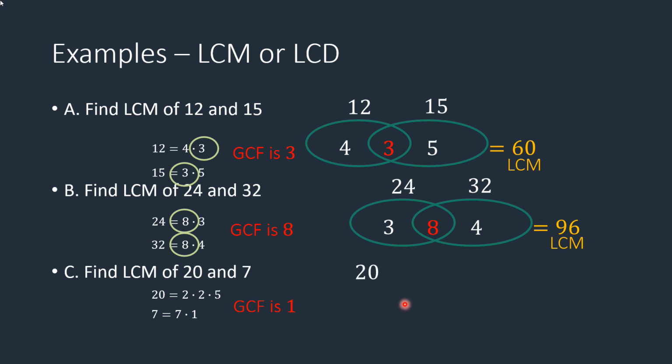I'm going to set up the Venn diagram again. Again, put the 1 in the middle, what they have in common. Put what they don't have in common there and there. But when they're relatively prime, what you can do to find the LCM or the LCD is simply multiply them together.